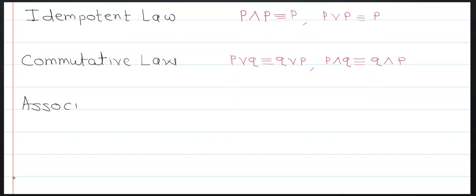Next is the associative law. First 2 plus 3 then 5, or 5 plus 3 then 2. It's easy.